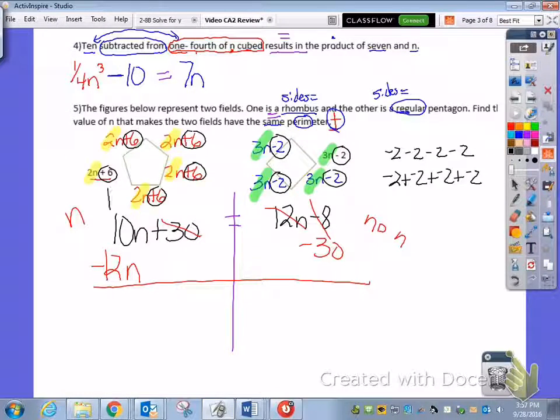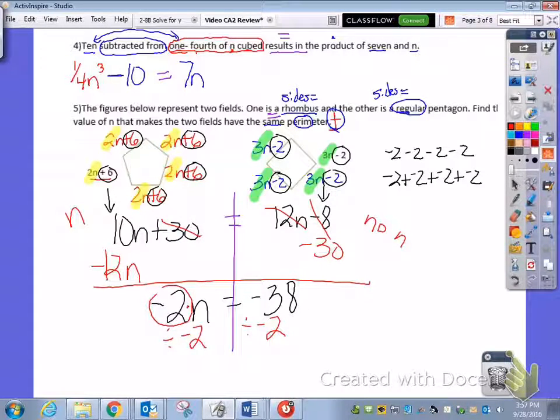And when I enter that from the top, 10 minus 12, I get negative 2n equals. And then on the right side, I have negative 8 minus 30, which is negative 38. And then the opposite of multiplying is to divide. I'm going to divide by -2. You divide by whatever is by the variable, the exact same thing. So n equals a positive 19.